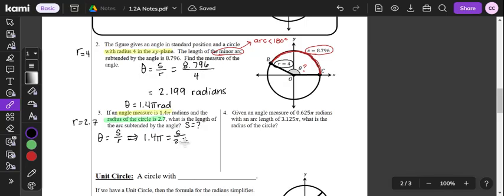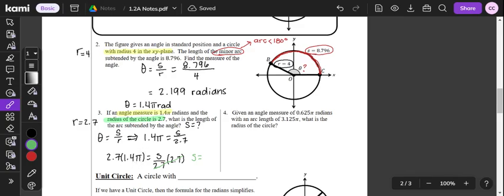There is a 2.7 in the denominator. I want to get that out of the denominator. So if it's divided by, I know I need to multiply on both sides by 2.7. So I'm going to do that. All right, now, these are going to cancel. And I have S is equal to whatever 2.7 times 1.4 pi is.